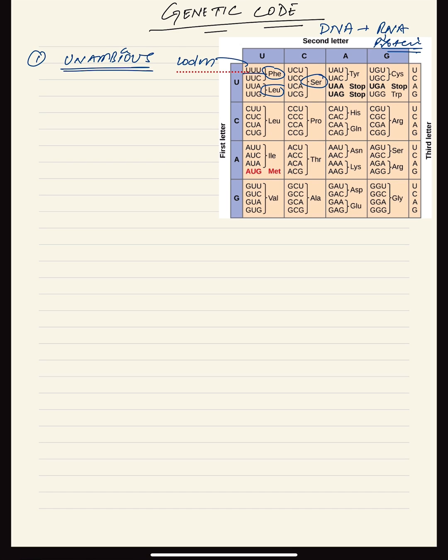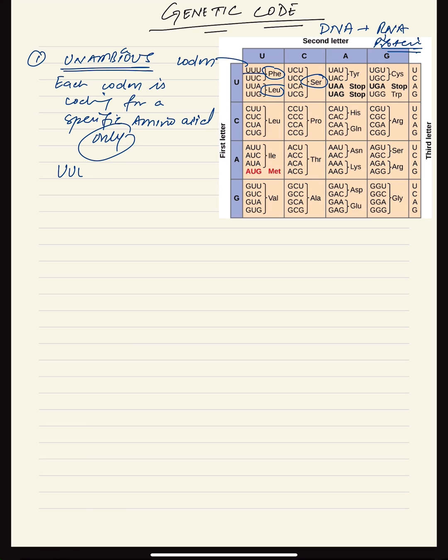Now, unambiguous, or the lack of ambiguity of a genetic code, means that each codon is coding for a specific amino acid, only one amino acid basically. So this makes it so specific that each codon, for example, phenylalanine, UUU.